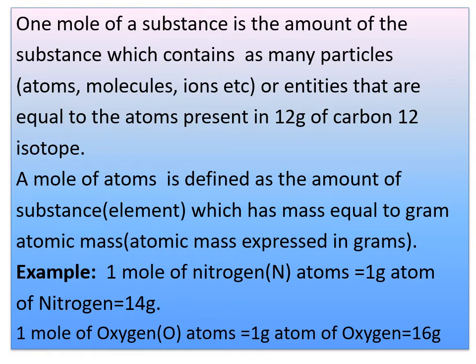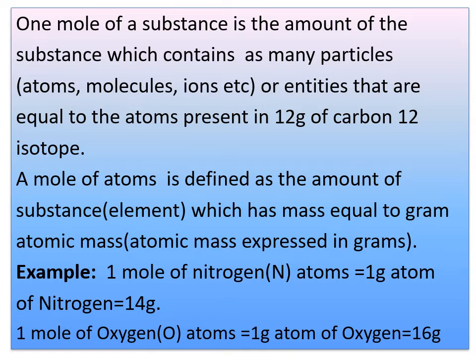Children, listen to the definition of a mole. A mole of a substance is the amount of substance which contains as many particles, that means particles in the form of atoms or molecules or ions, whatever we are discussing, or entities, as are equal to the atoms present in 12 grams of carbon-12 isotope. Or in another way, I will define it, just listen.